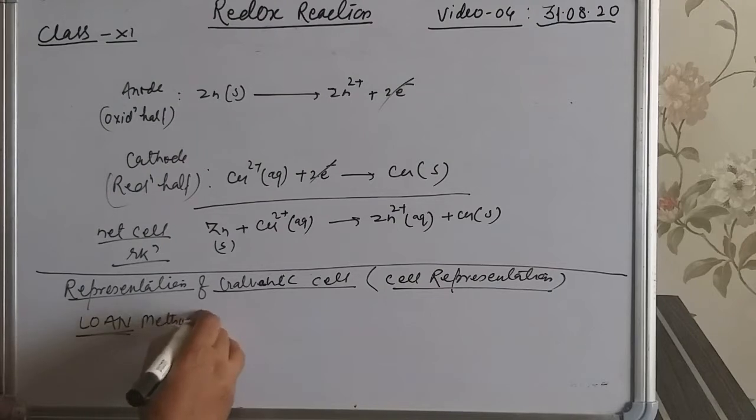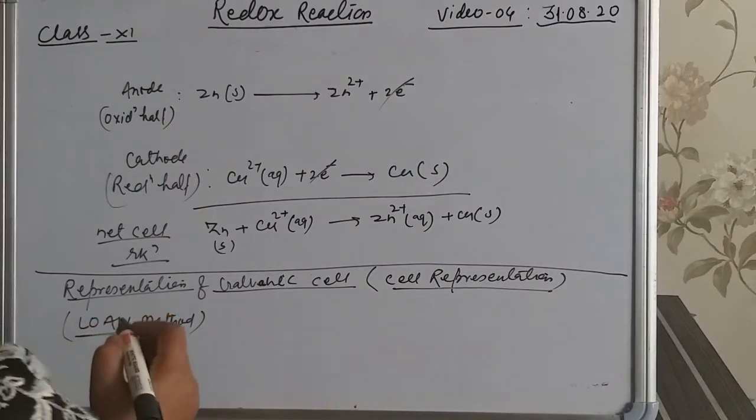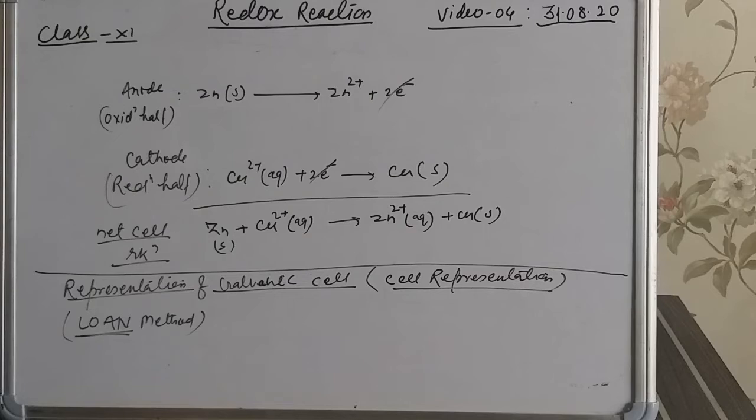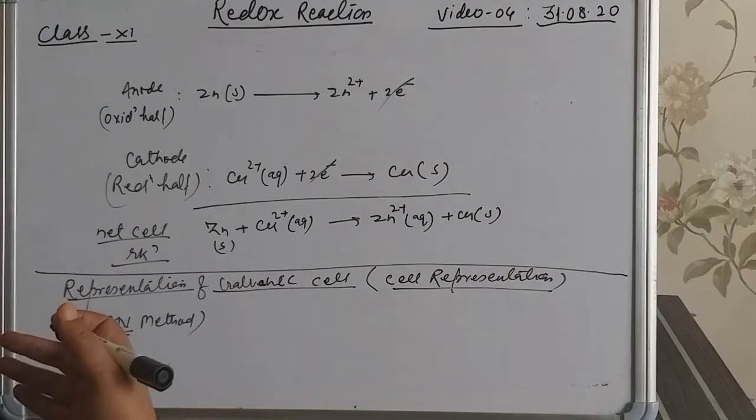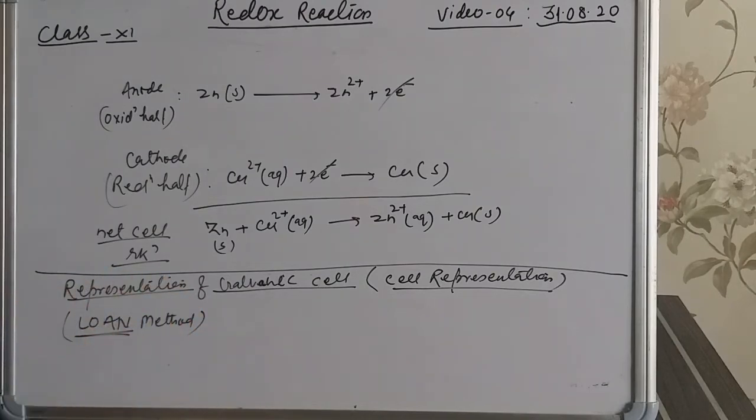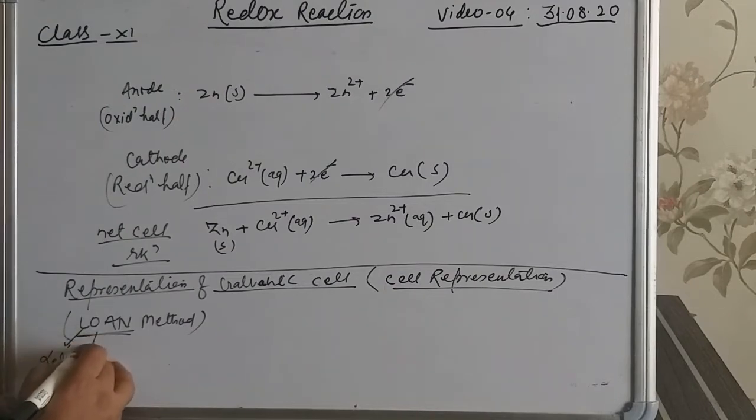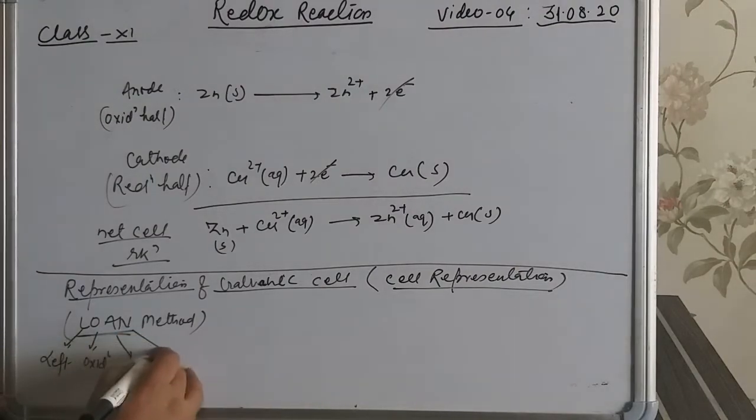LOAN method. It is very useful when we study this particular cell reaction and electrode potential in more detail in the electrochemistry chapter in class 12. So LOAN method means L stands for left, O stands for oxidation, A stands for anode and N stands for negative.